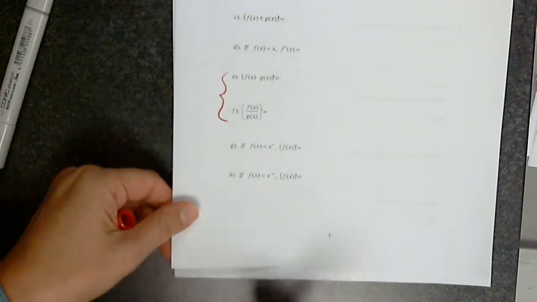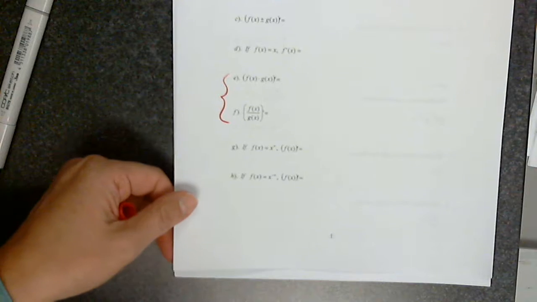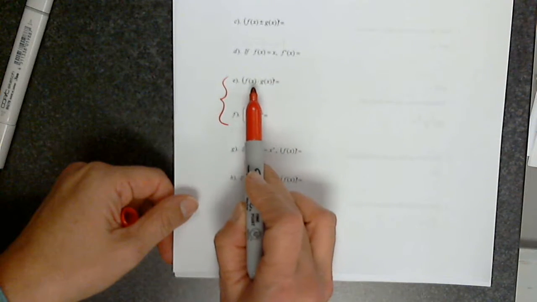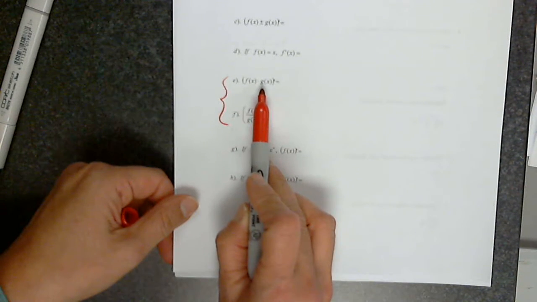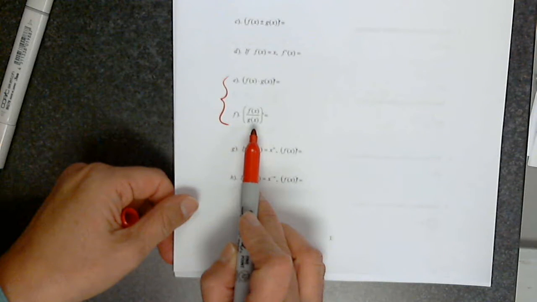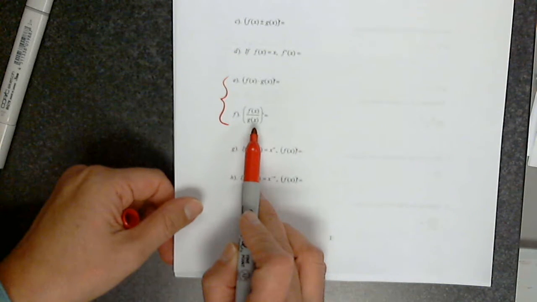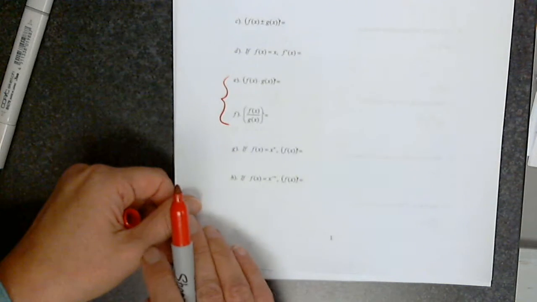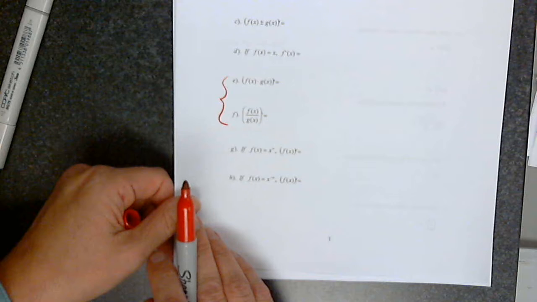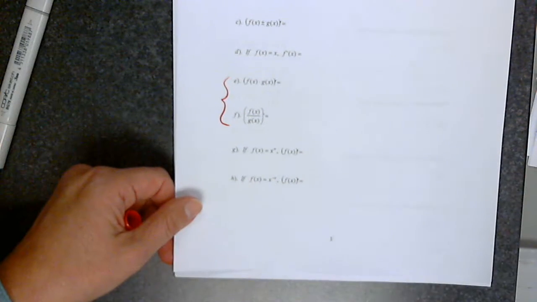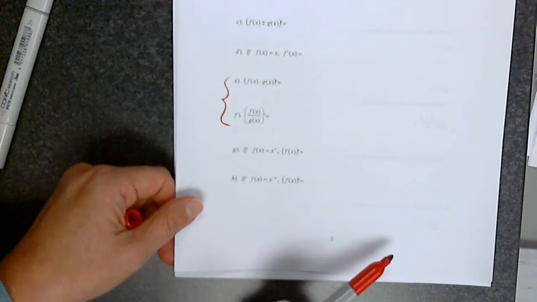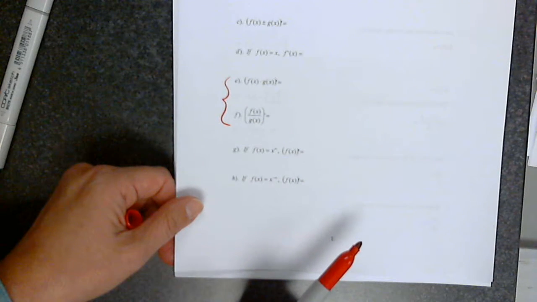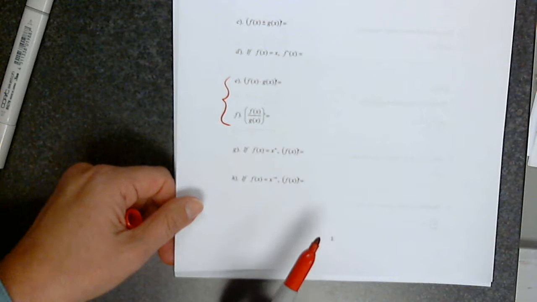Now, here are 2 rules. One of them is the product rule, and the other one is the quotient rule. I can just write down what they equal to, or we can choose to prove one. You know me, I don't really like telling you, hey, memorize this. So we can prove one of them. Would you like to prove one of them? Let's try.